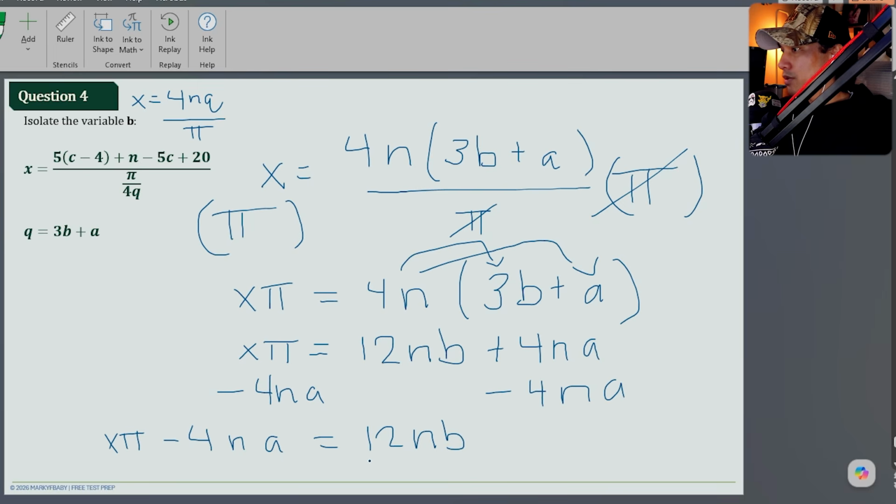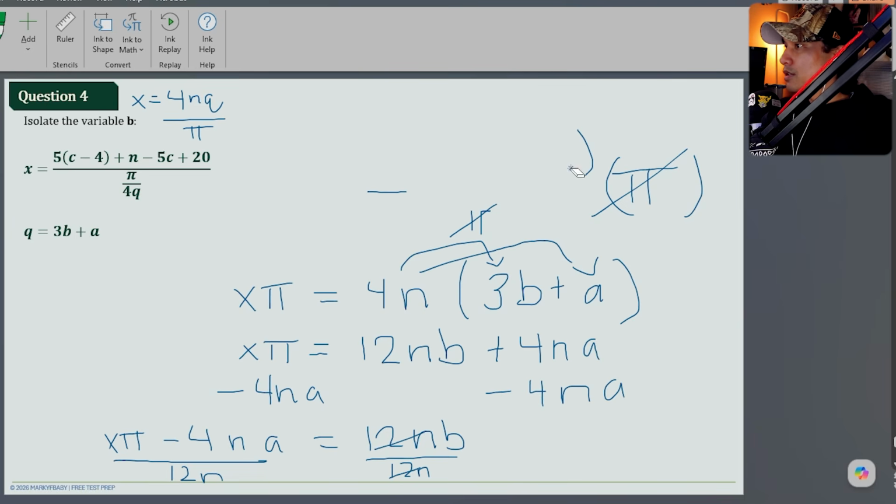And I need to isolate this. So what I would do next is I would divide everything by 12n, and then divide all this by 12n. And I have my answer right here. I cancel that out, and this is my answer. And I'll rewrite that for you at the top so you could see. And here we go.